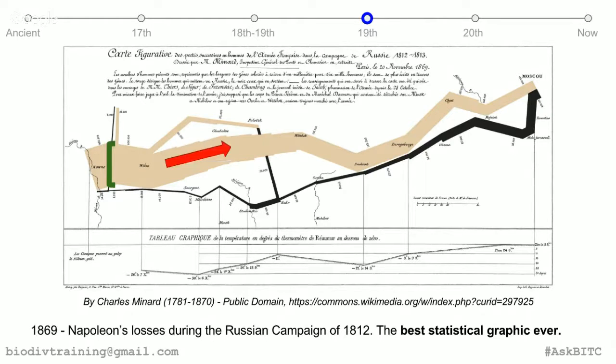The second one is the direction, which is red when it's going to Moscow and black when it's retreating. The third and fourth are latitude and longitude. The fifth one is the name of the places. And the sixth one is the temperature in or around each point.